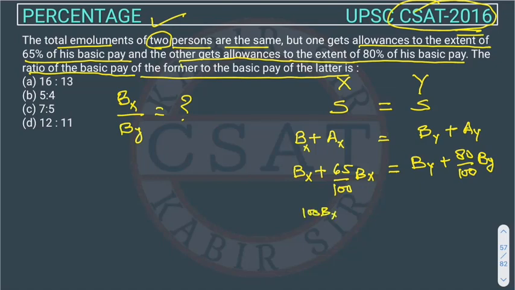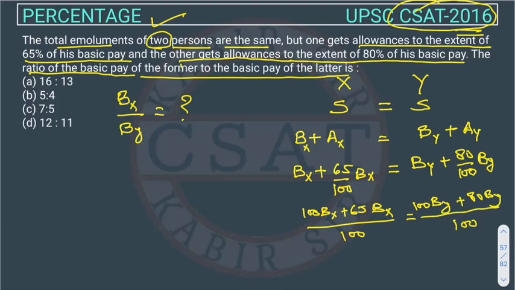So it will be bx plus 65 bx upon 100, equals by plus 80 by upon 100. So this 100 will cancel this 100. So this will be 165 bx equals 180 by. Now by will come this side and we will take 165 this side, right?